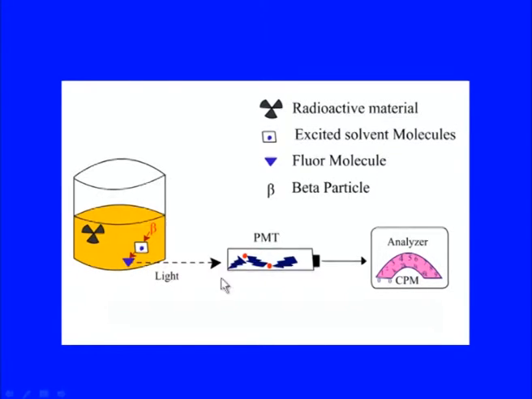So, this is how the whole process in liquid scintillation counting occurs, as the radioactive sample is present in the scintillation cocktail itself. And as I showed you in the previous lecture, the sample is placed very close to the detector.